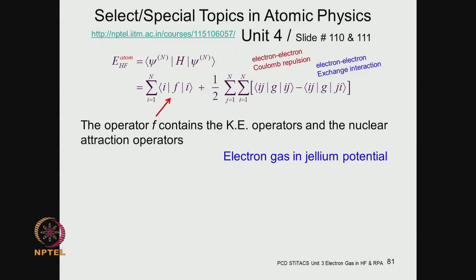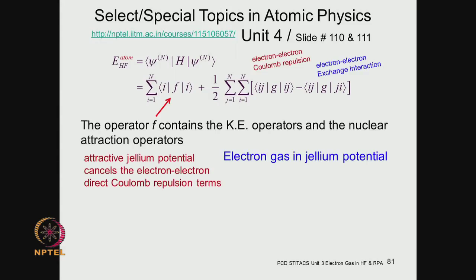So, we have first of all the electron gas and a Jellium potential, and we also know that this term, which is coming from the Coulomb term, would go, because this is the one which cancelled the electron direct Coulomb repulsion term. This would cancel the attractive Jellium potential, as we have discussed, right.